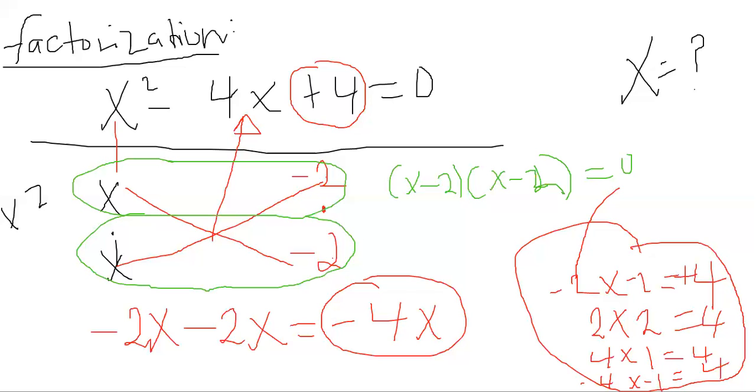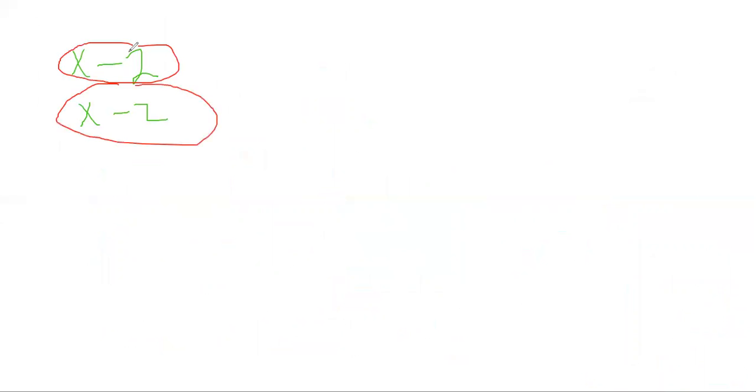So let's go to the next slide so that we had this and we had this. So what you will do, you just choose this and you choose this. You multiply this by this and you equate it to 0. So it will be x minus 2 multiplied by the second one, x minus 2 equals to 0.